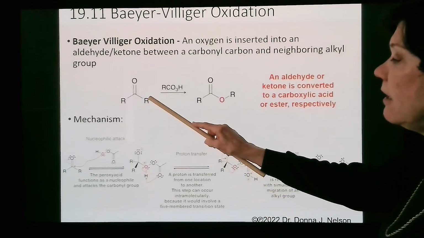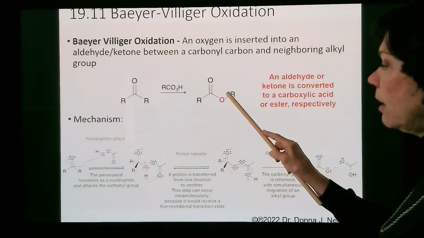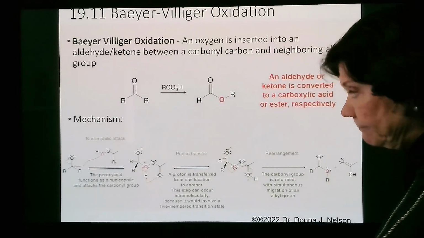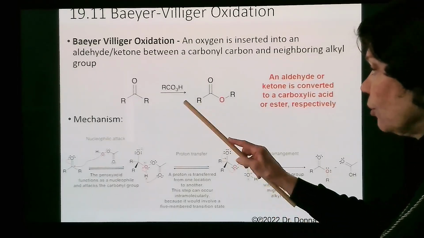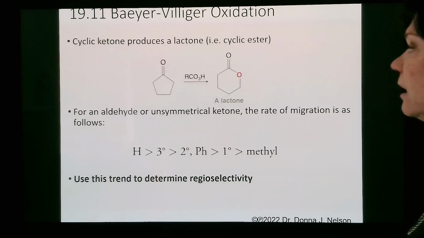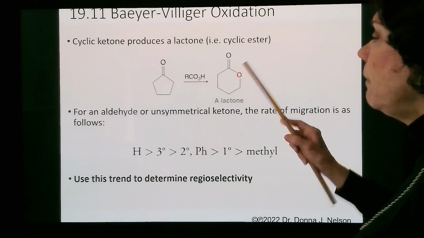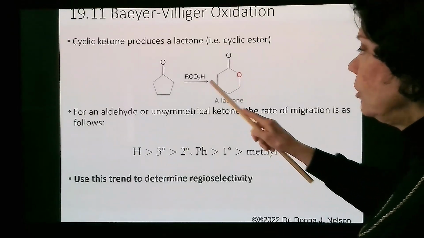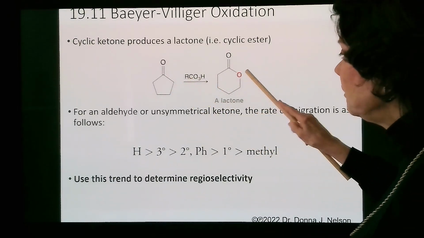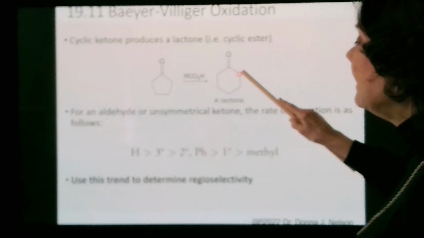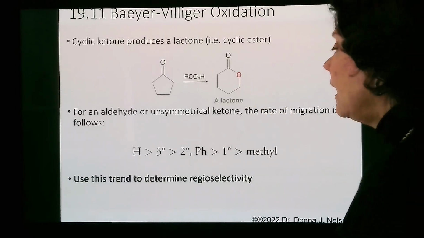So if you have an aldehyde, the final product is a carboxylic acid. That's the group that migrates. So here is, you can see this can be used to form a ring expansion. You've gone from a 5-membered ring to a 6-membered ring so that the oxygen is in the ring.